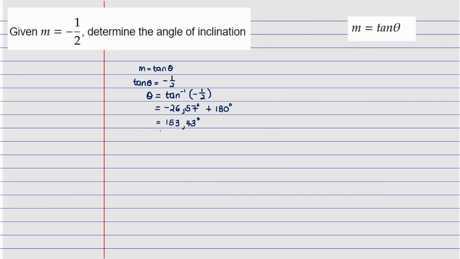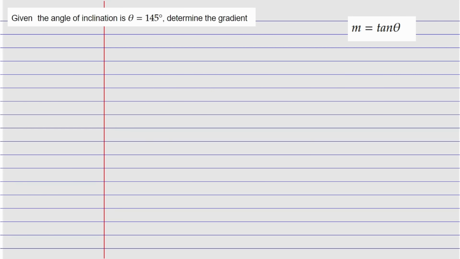So that's how you would do this question. Now you are given that the angle of inclination theta equals 145 degrees, determine the gradient. Since this is greater than 90, remember that our gradient needs to be negative, right?